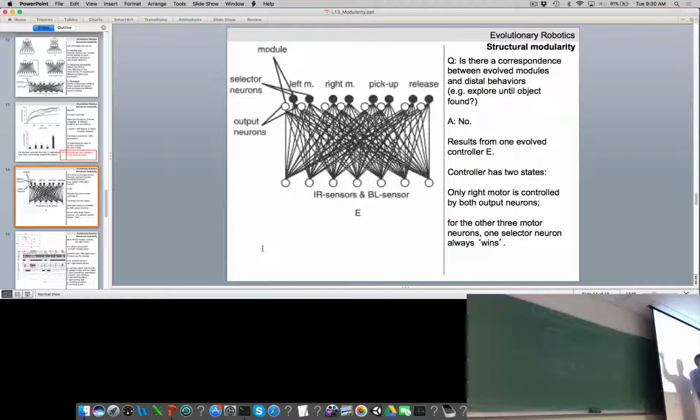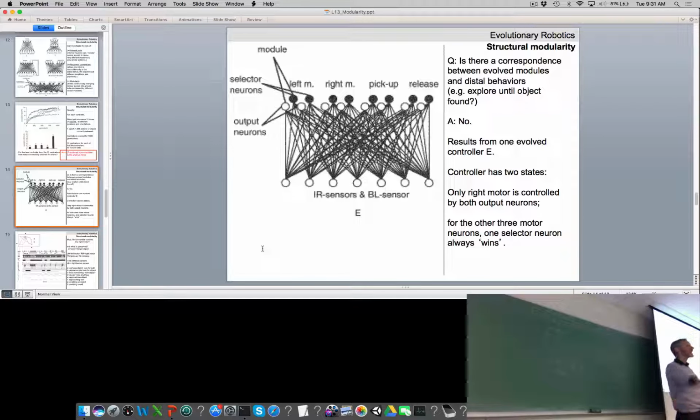At one point, one was higher than the other, and at the next point in time, the other one was higher, which means this was controlling the right motor for a while, then this one, then this one. And in the other 3 groups, one of the selector neurons always won, which means there was never a switch between these pairs of output neurons.